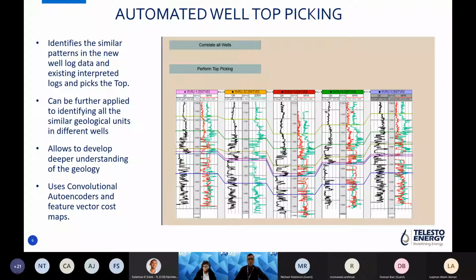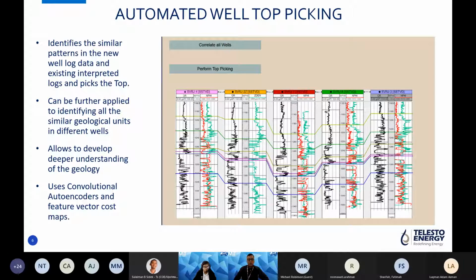These are essentially different well tops picked based on some log signature. The log signatures respond to various things: gamma ray and density neutron respond to lithology variation, and resistivity responds to fluid typing. This is very well known and very fundamental to the well correlation techniques that are being followed.